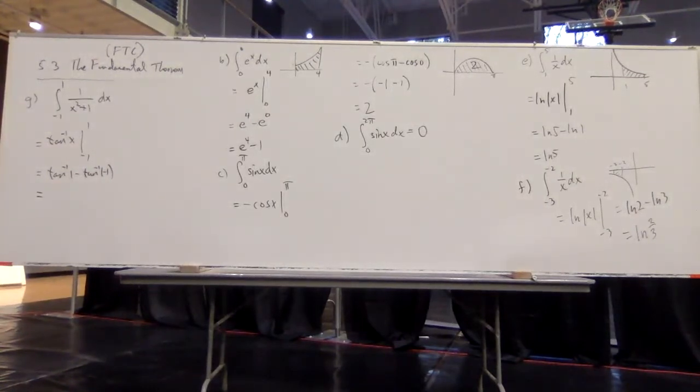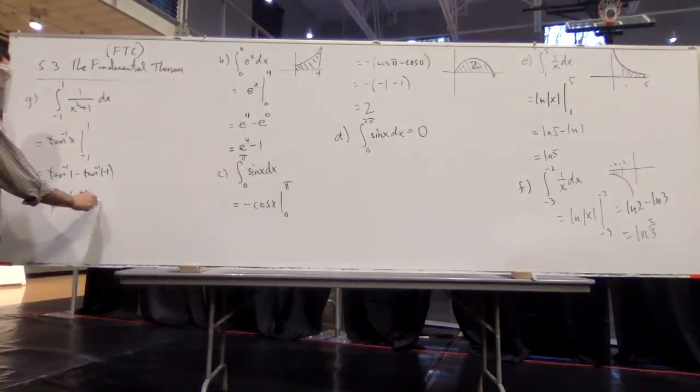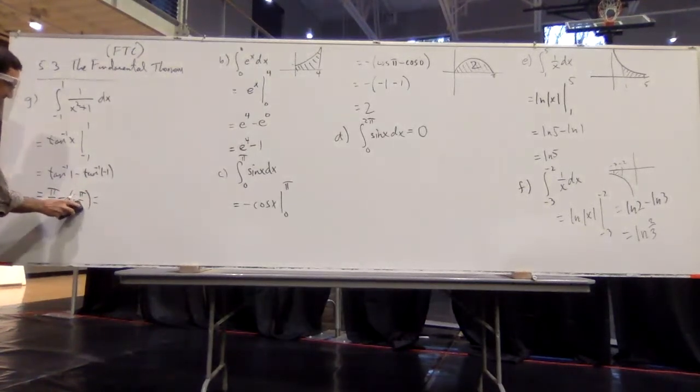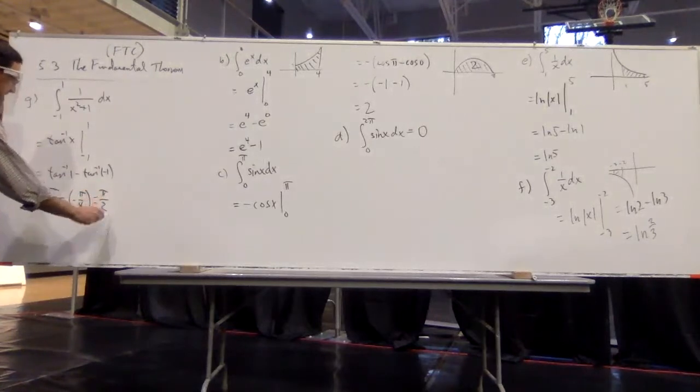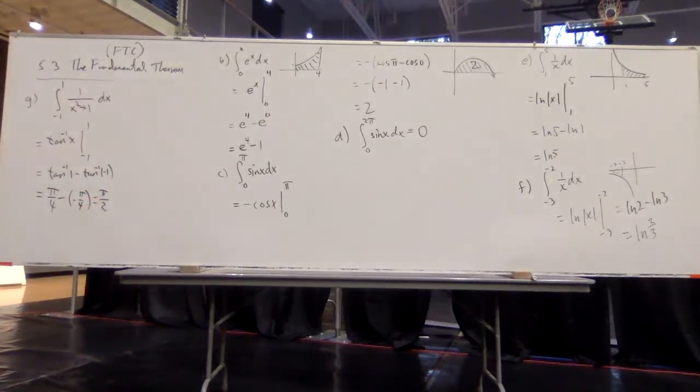The angle whose tangent is 1 is pi over 4. The angle whose tangent is -1 is negative pi over 4. So we end up with pi over 2, half a pi, as the value.